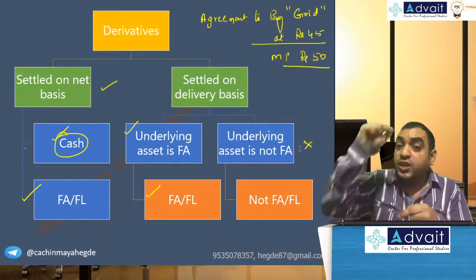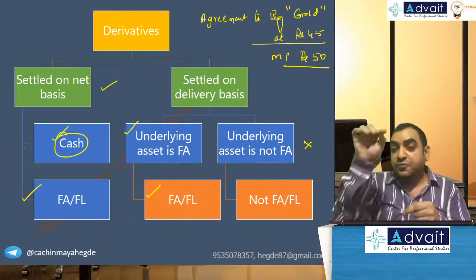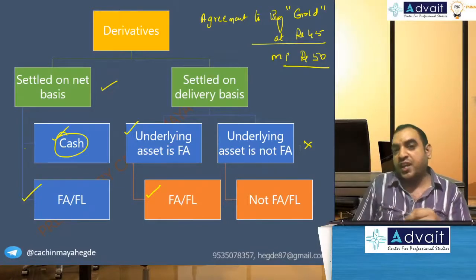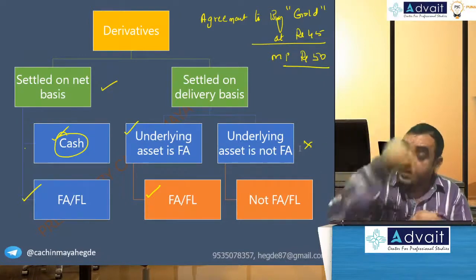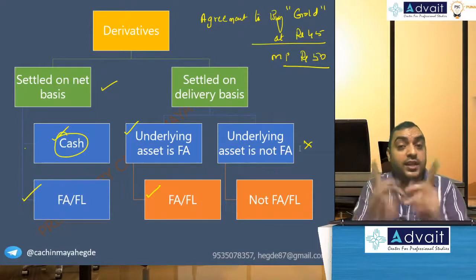So you should know what could happen tomorrow and accordingly be prepared today. If the underlying is a financial asset, the derivative also should be a financial asset when settlement is on delivery basis.